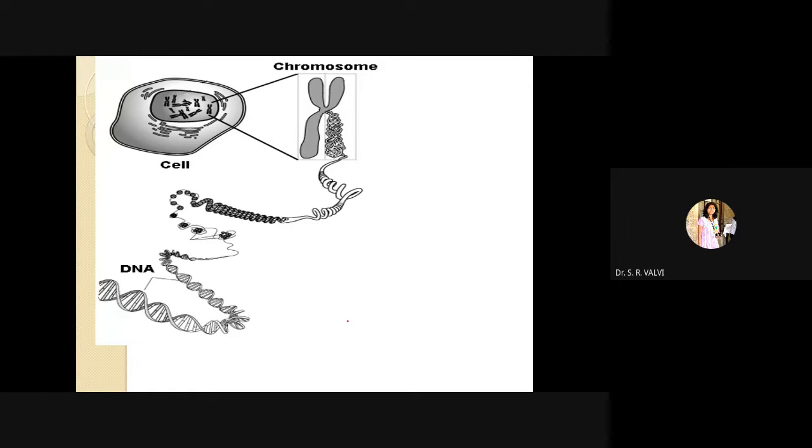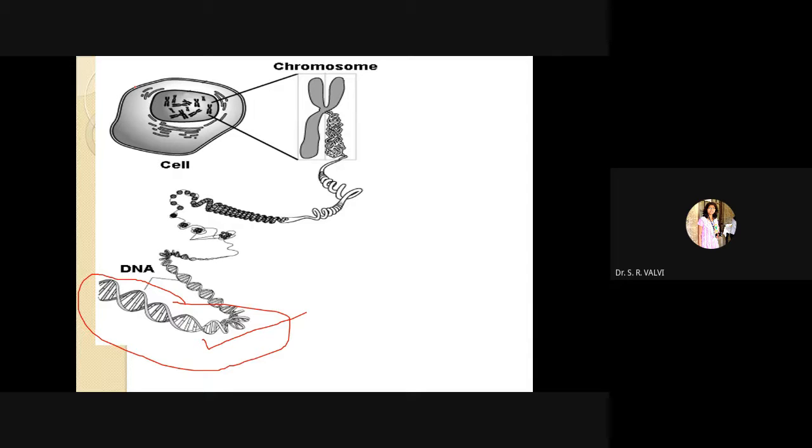Now, exactly where is this DNA situated, right? Here you can see the double helical structure of this DNA. We are used to drawing this diagrammatic representation of DNA. Now where exactly is this DNA present? See here, I have given this particular cell, right?